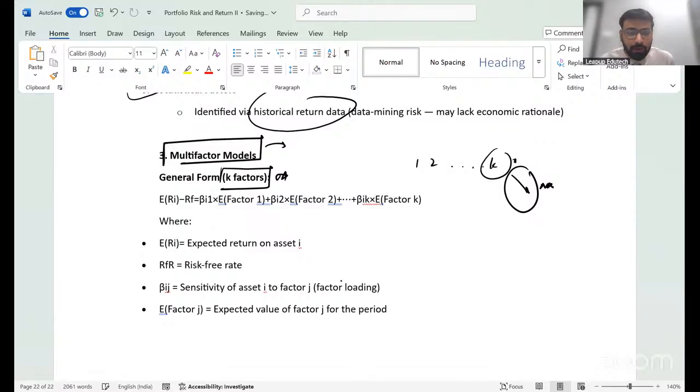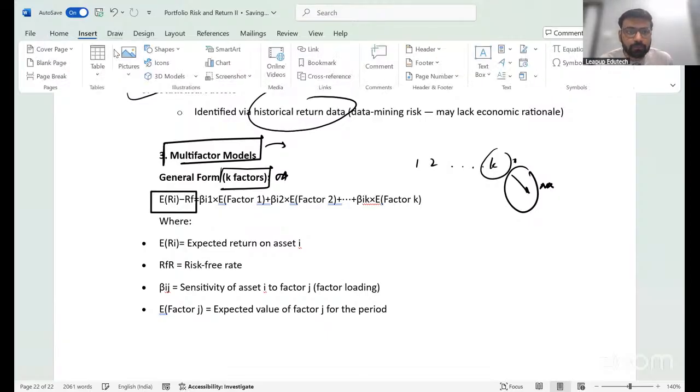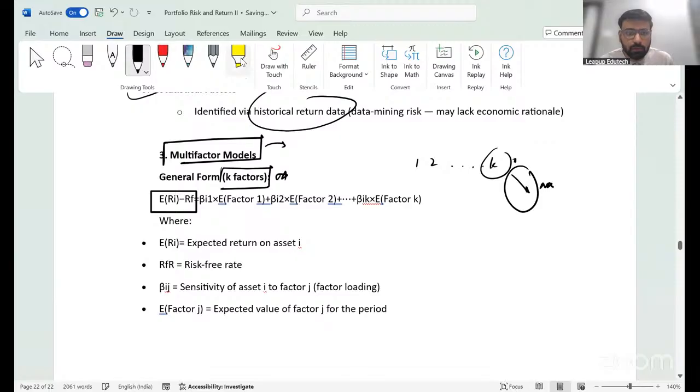So the expected return of this security above the risk-free rate is explained by these multiple factors: factor 1, factor 2, up to factor k.